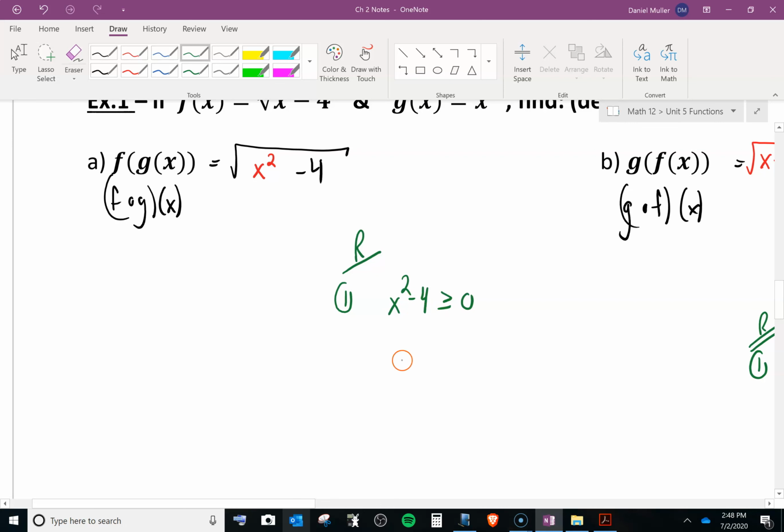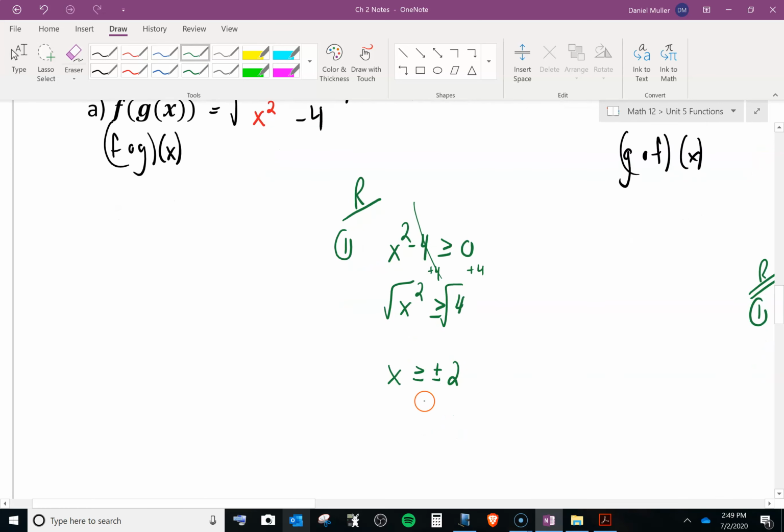And then when you move over the 4 by adding it, so you plus 4 and plus 4, and then you have to square root, and so you get plus or minus the square root of 4, which is 2. But it's technically not like that. It's not actually right. It is x bigger than or equal to 2, and you wrote the other one, x bigger than or equal to negative 2, if you wrote them separately.